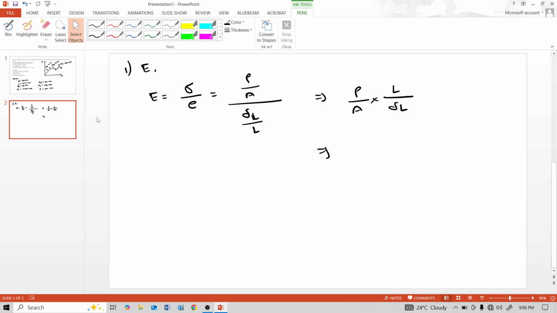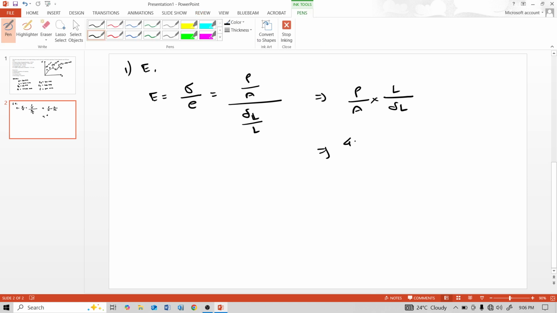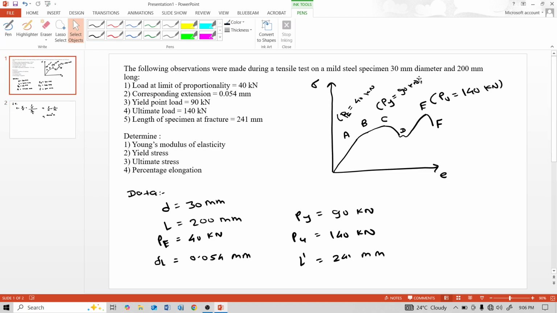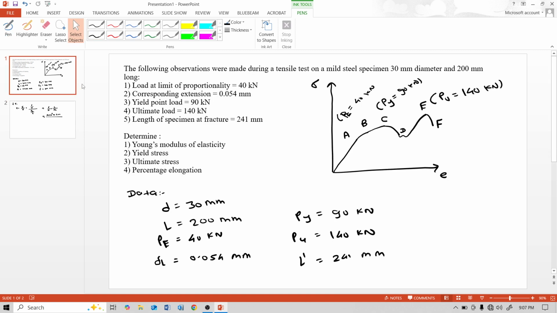P is equal to 40 kilonewton. Convert it into Newton, multiply by 10 raised to 3, and the length of that specimen is 200, upon the area of that bar.